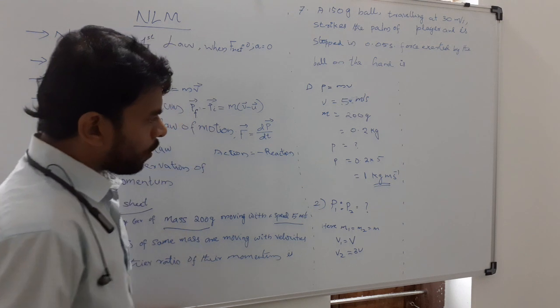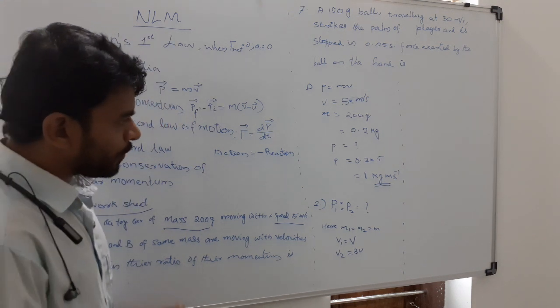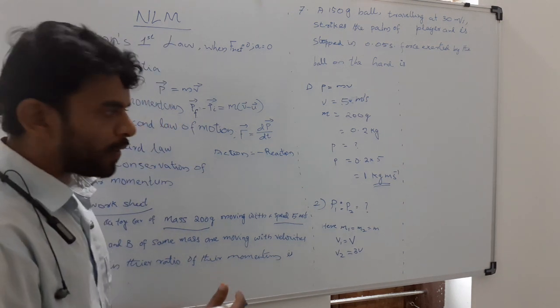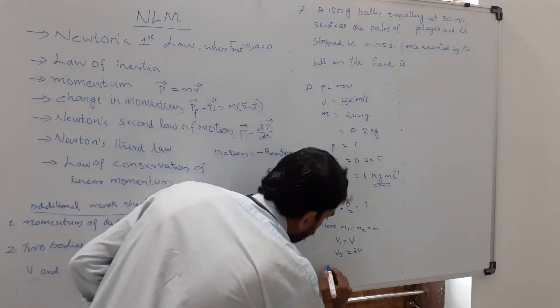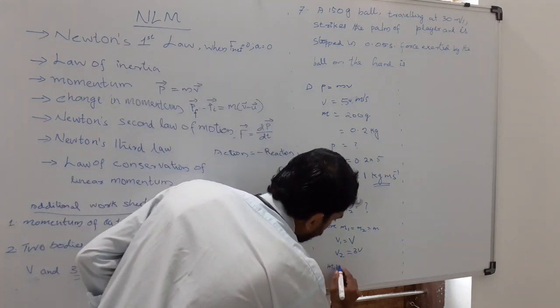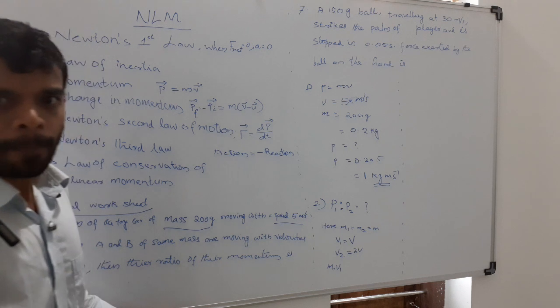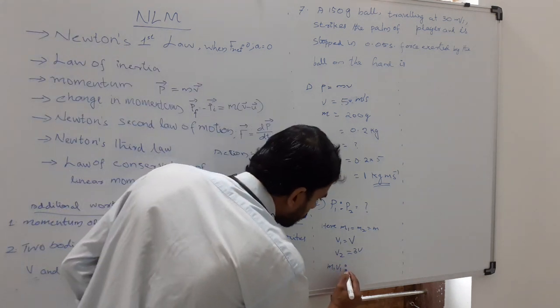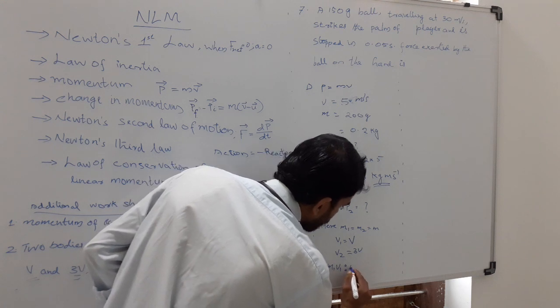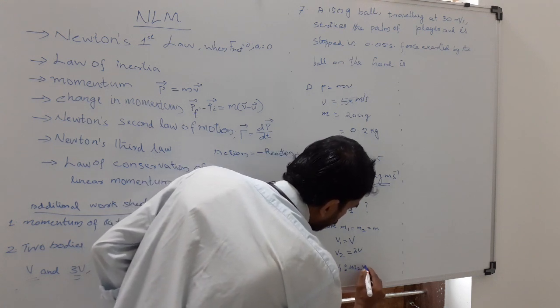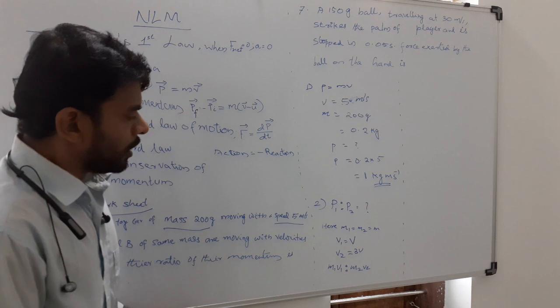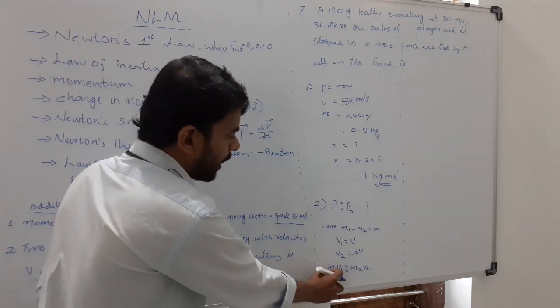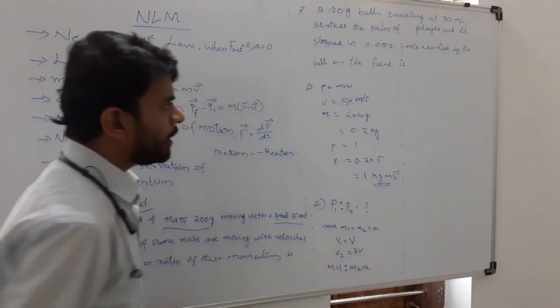Now P1 is m1 v1, and P2 is m2 v2. So the momentum of A is to the momentum of B.